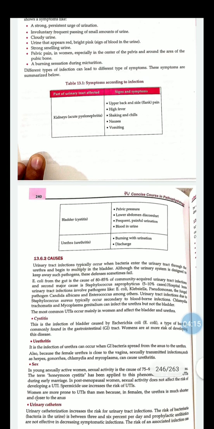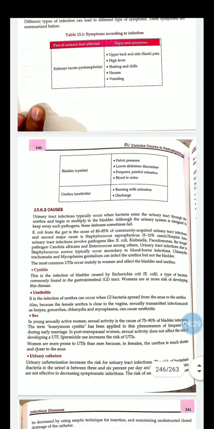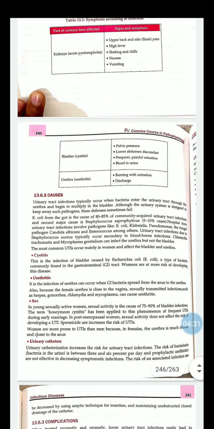I am repeating these different types of infection, which show different symptoms. If there is infection of the kidney, the symptoms are upper back and side pain, high fever, shaking and chills, then nausea and vomiting.